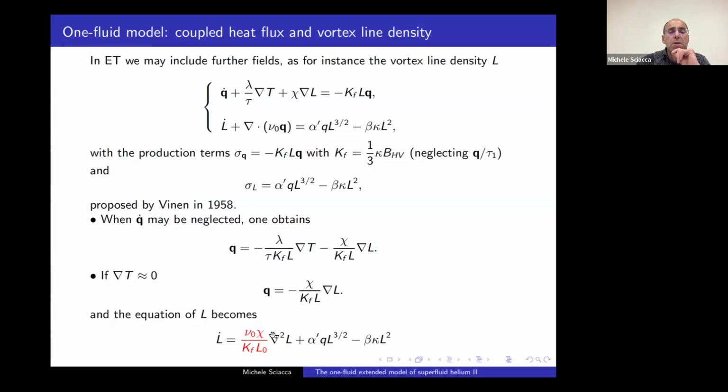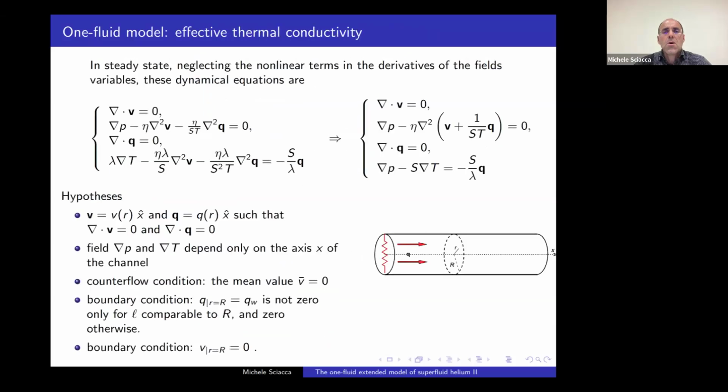A parabolic equation leads to diffusion instead of propagation. There are some results I haven't reported here, but in some situations you may have waves of vortex line density L. But the time is limited, so I tried to give some hint about this result. And let me go on.